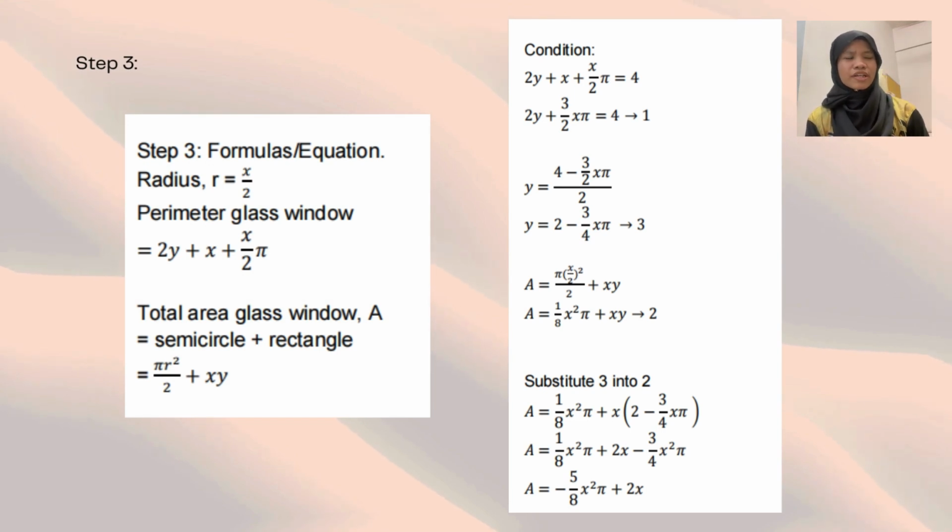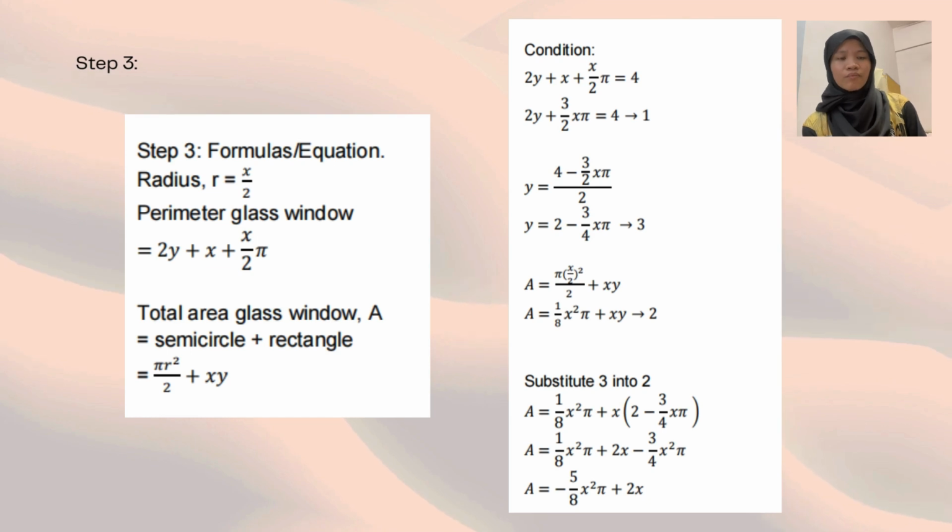And now we are going into the conditions. From the formulas we have listed just now, we are going to put the perimeter of the glass window given in the question, which is 4 meters, into the perimeter equation. So it becomes 2y plus x plus (x over 2) pi equal to 4.